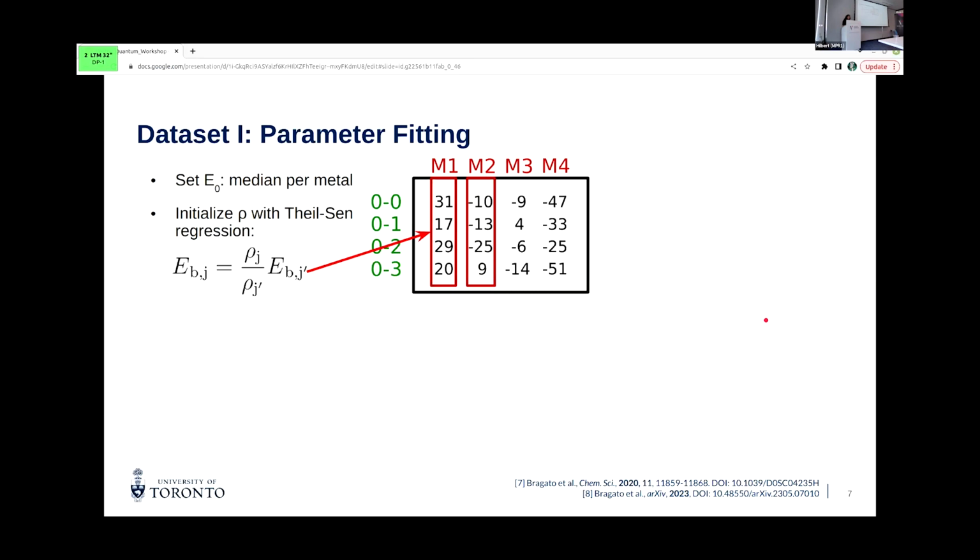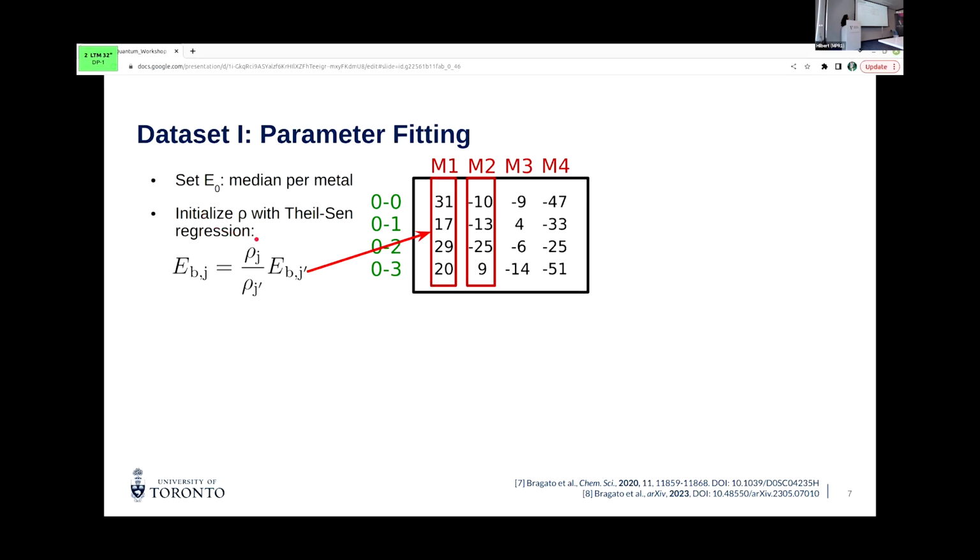So moving on to the parameter fitting, I'm using a code that was built by a colleague in our group, Marco Bragato. How it works is that we first set E0, which is the median of a subset of the sample where all the metals are the same. We do this for numerical stability.